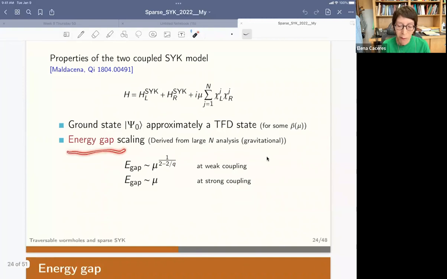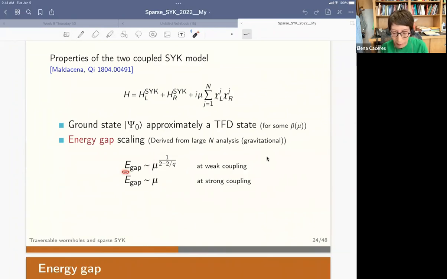Then a result that's pretty cool is the energy gap scaling. This energy gap scaling was derived from large N analysis gravitationally by Maldacena et al. So this is a result that comes from gravity. They found that at weak coupling, meaning small mu, when I say weak coupling now I mean the coupling here, the gap should scale like this power, a non-trivial power, 1/2 minus 2/k.